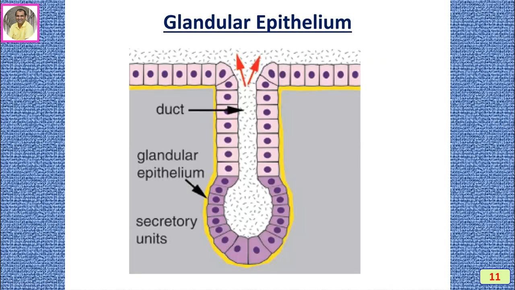This glandular epithelium contains a special type of duct, which is why they are called glands with ducts, whereas hormones are produced from glands which do not have ducts and directly secrete their products into the blood. The glandular epithelium is lining which is surrounded by special secretory units. Here you can see that these are all the secretory units.